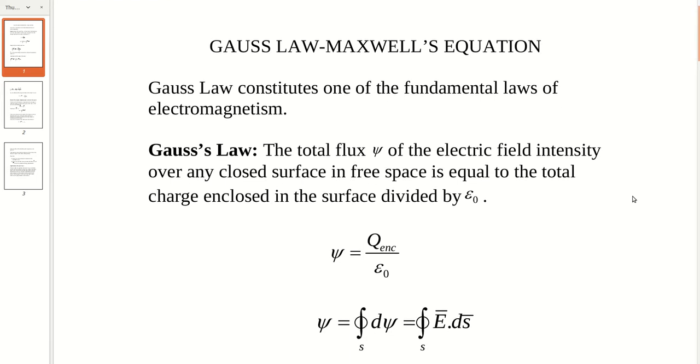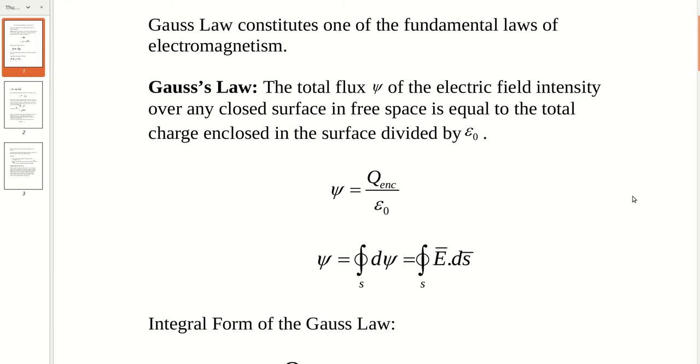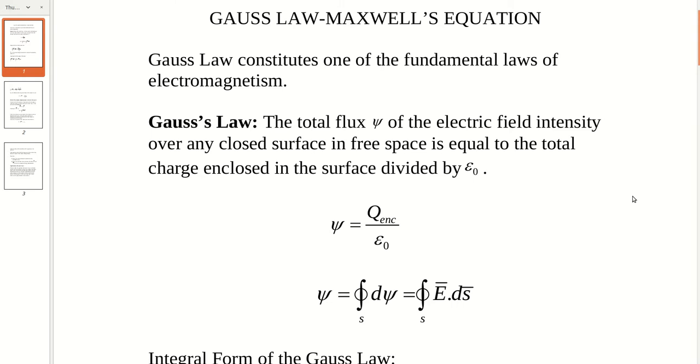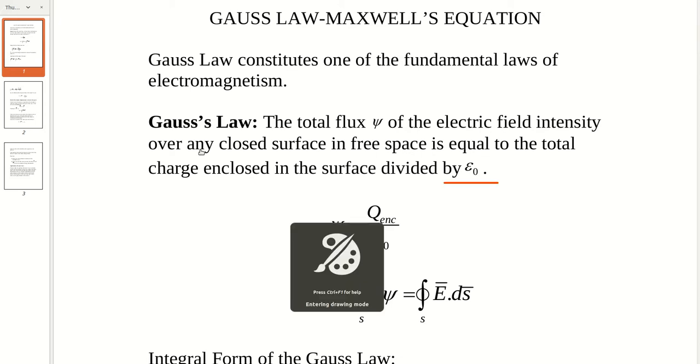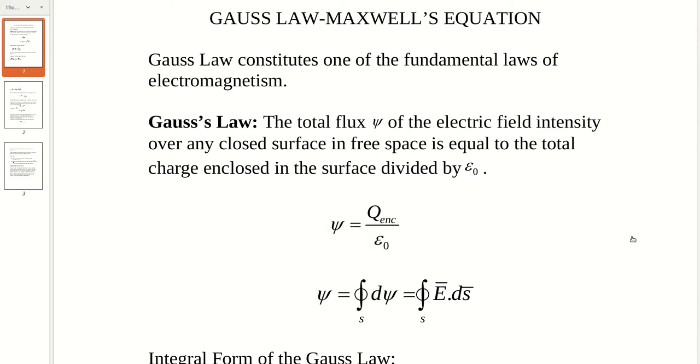It states that if you have a surface, and this surface may be like this, and this surface has some charge, then the total charge enclosed in this surface divided by epsilon 0.